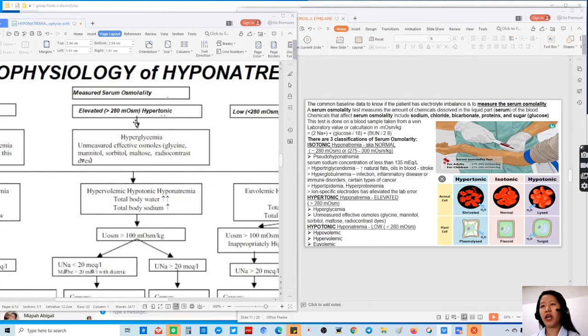Then for the hypertonic hyponatremia, it is due to hyperglycemia, unmeasured effective osmoles, such as glycine, mannitol, sorbitol, maltose, and radio contrast dyes.